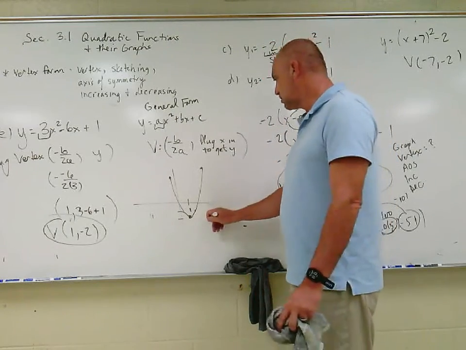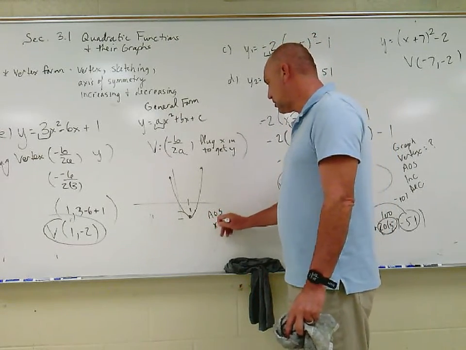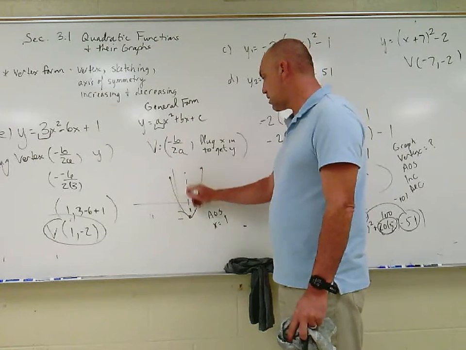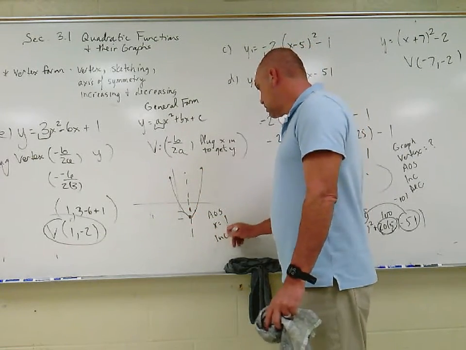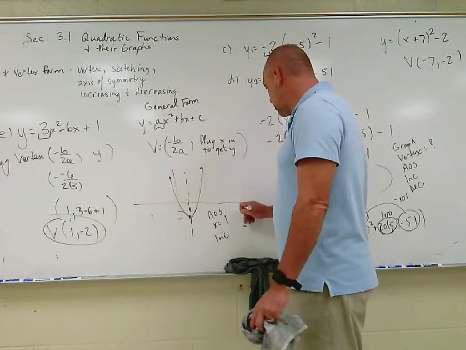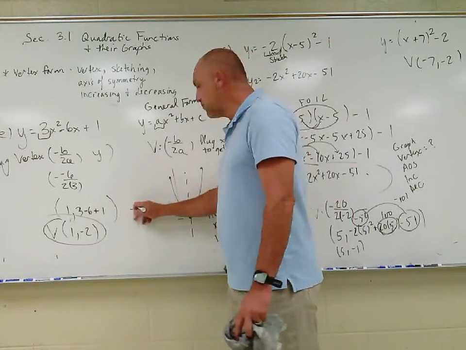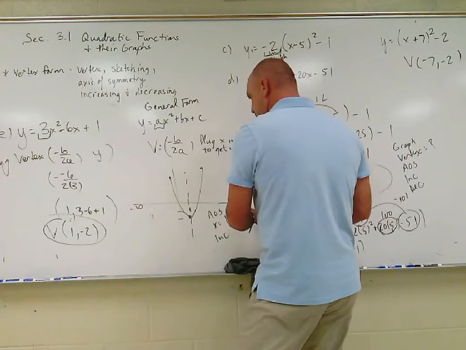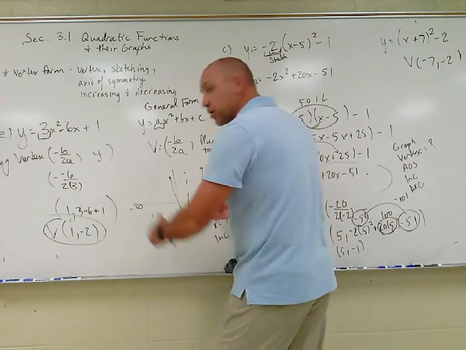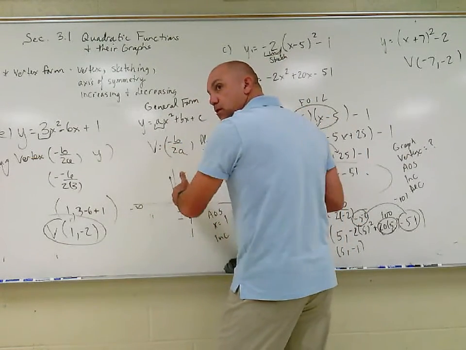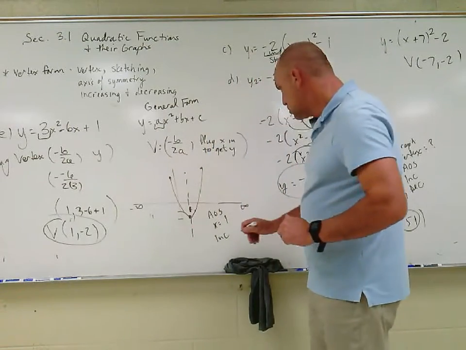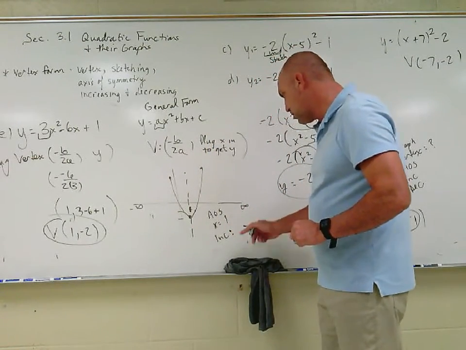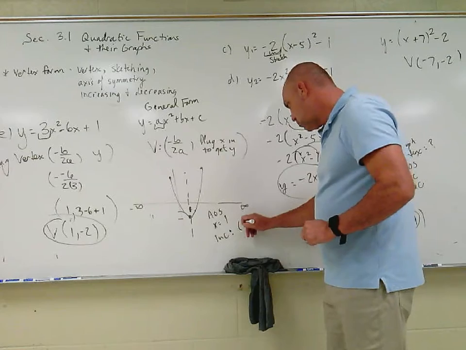What's the axis of symmetry? X equals 1. There's that. And again, Sonari, remember when you do increasing and decreasing, I like to do it like this. Way out there is negative infinity, way out here is infinity, and there's my 1. And now I can see my 2 intervals like that. Okay? So increasing on what interval? Anyone?